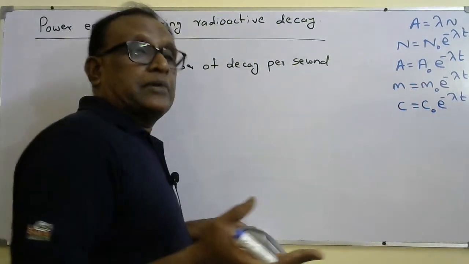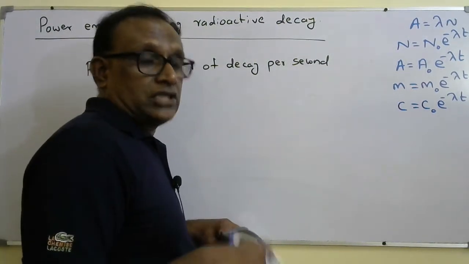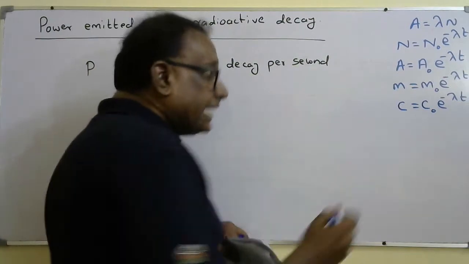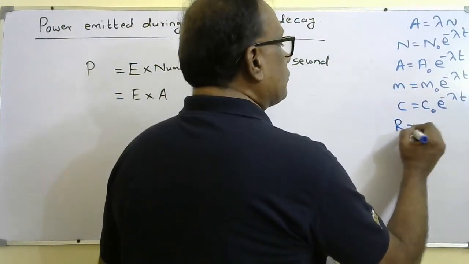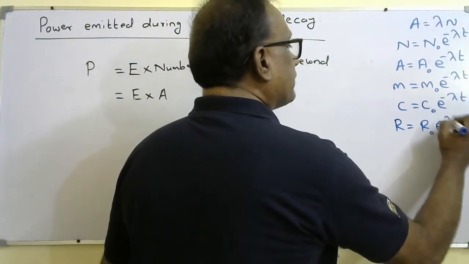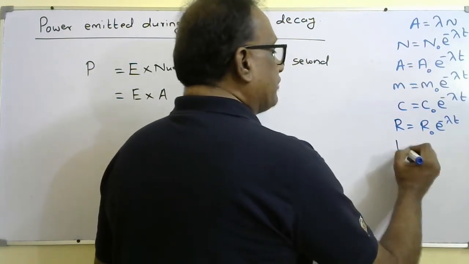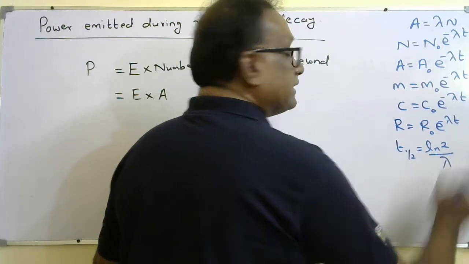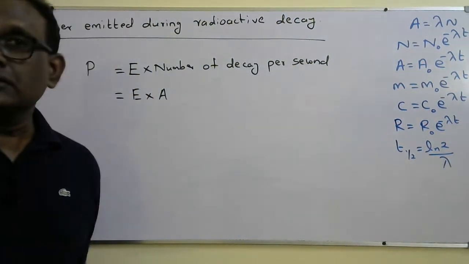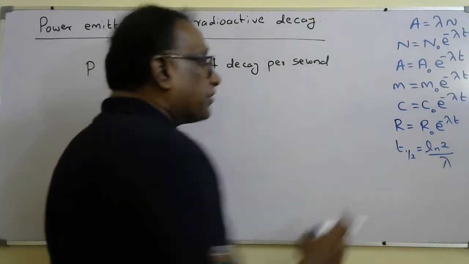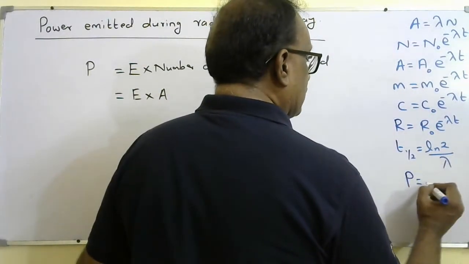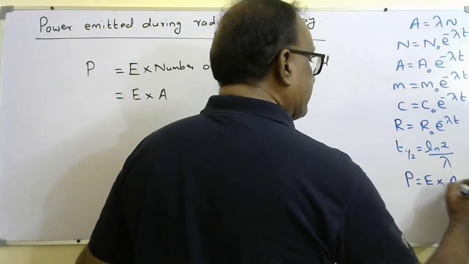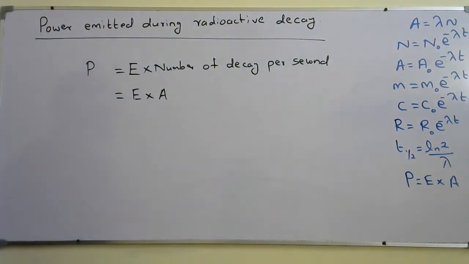For the carbon 14 to carbon 12 ratio during carbon dating, that also follows the same format. Then half-life, T half is equal to ln2 over lambda, constant for a given type of sample or element. Then the power release is equal to energy per decay into activity. These are the equations you better know in the A2 syllabus.